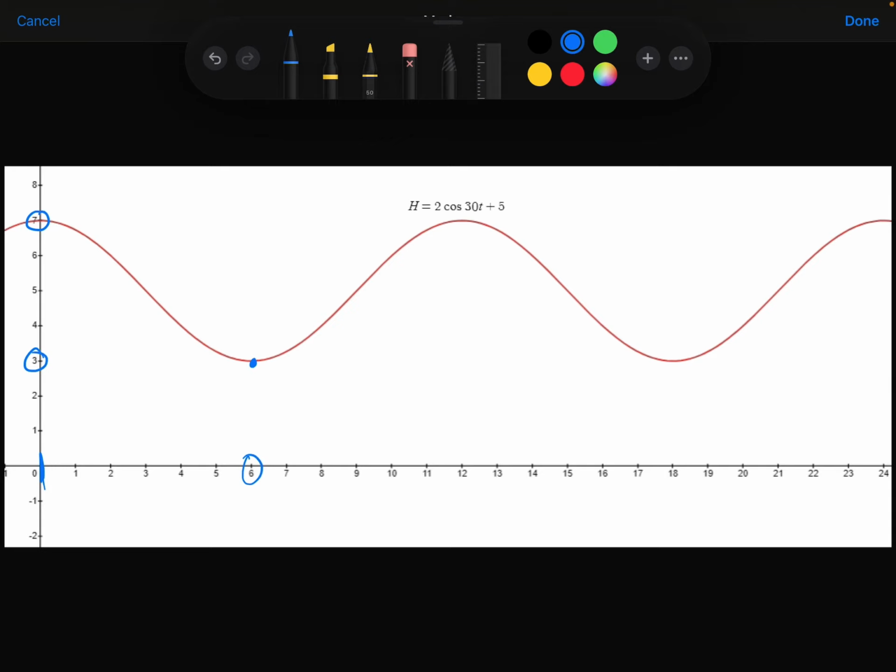It then went back up to its maximum height of 7 meters after 12 hours. So that was at midday, and so on. We saw that the height was 5.5 meters after 2 hours, just over 2.5 hours, and again after 9.5 hours. So hopefully our calculations there make sense.